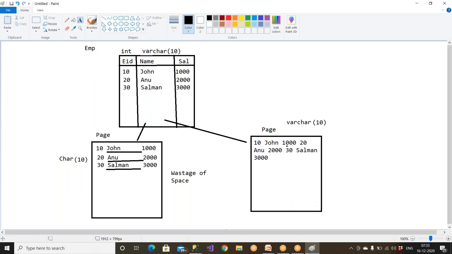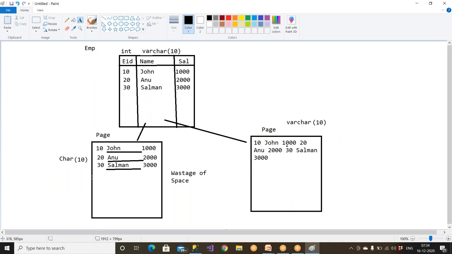This is a buffet. Buffet means you take the food however much you need. You go to the buffet and take only one piece of pizza, and a small quantity of sweet dessert. You take however much you need, and you don't waste the food there. In case of varchar, it is simply a buffet, a lunch or dinner, where you don't waste your food.